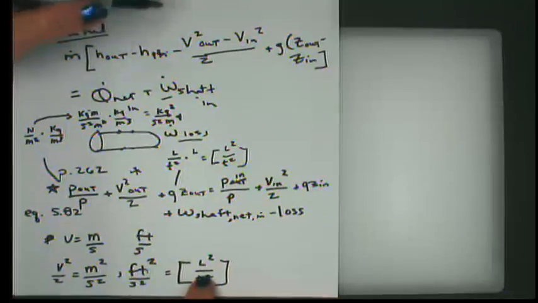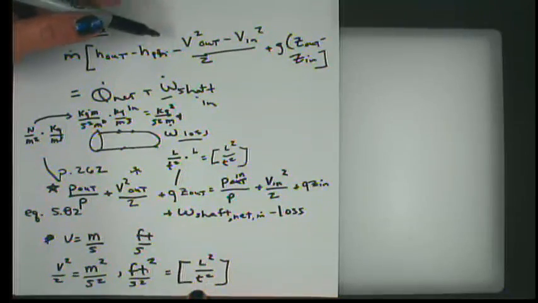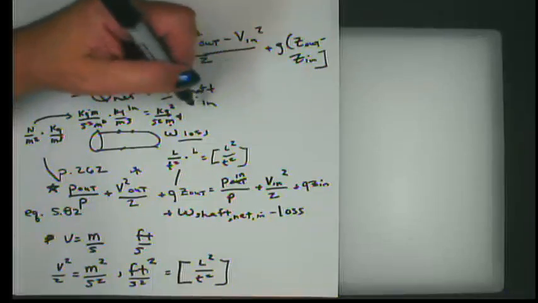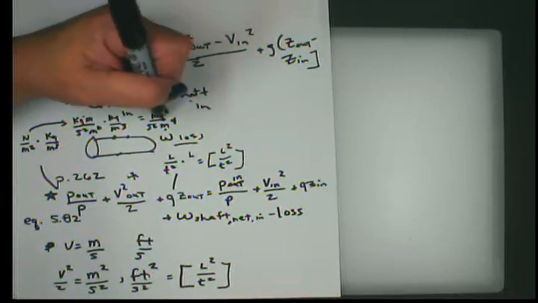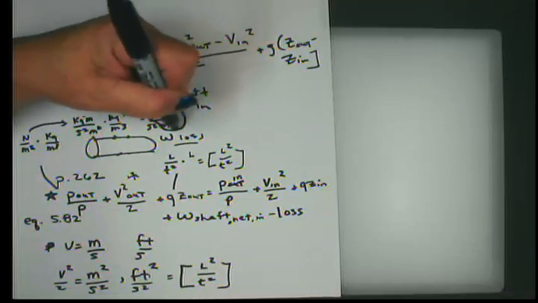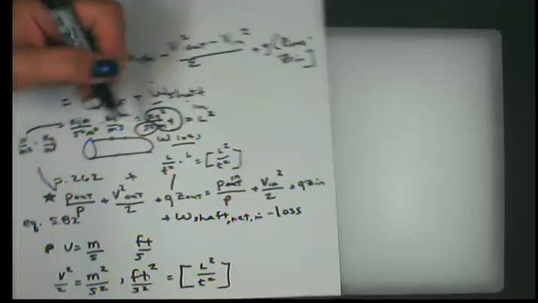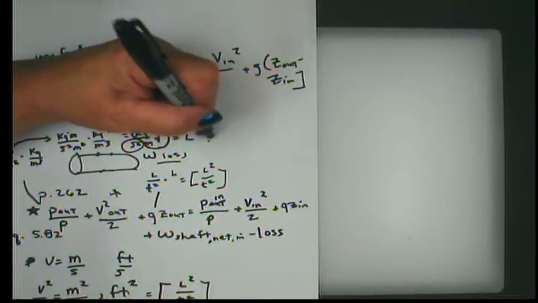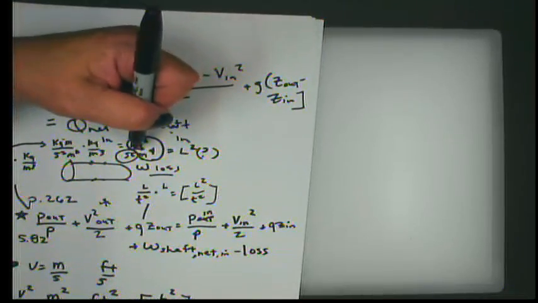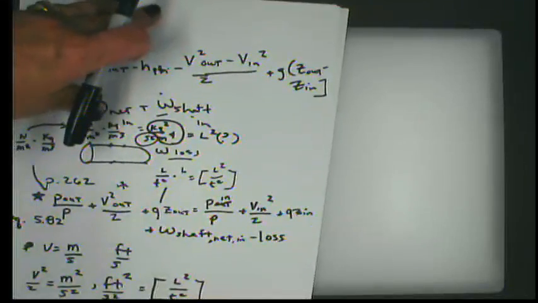And how does that become a length per time squared? In other words, is this equal to length squared? Because we have a second squared right here. It doesn't look that way, right? Does it?